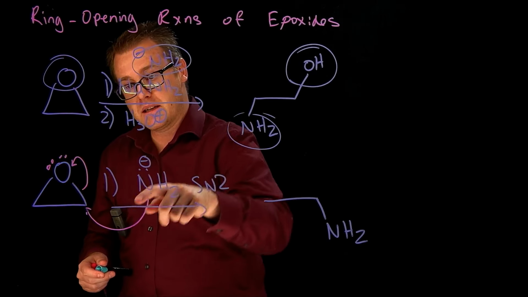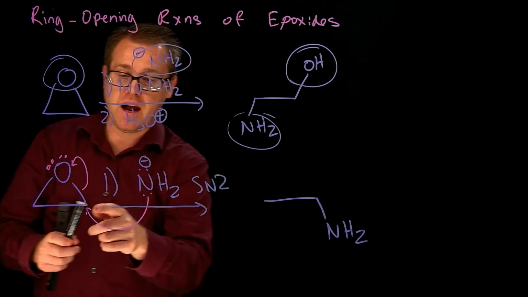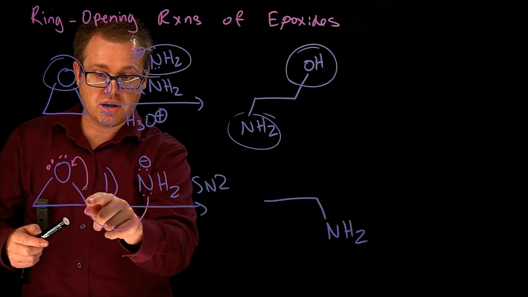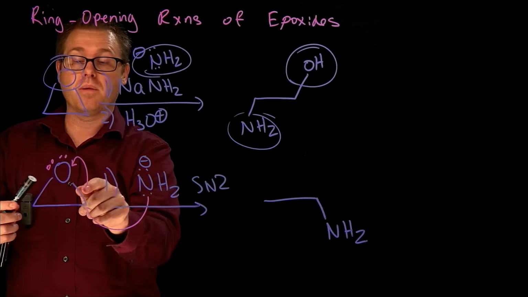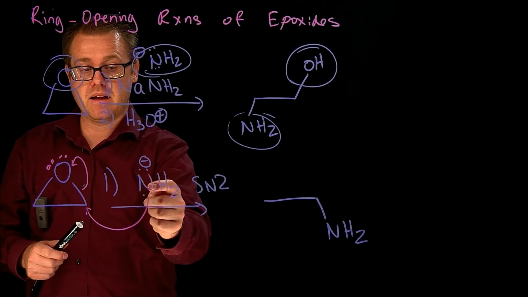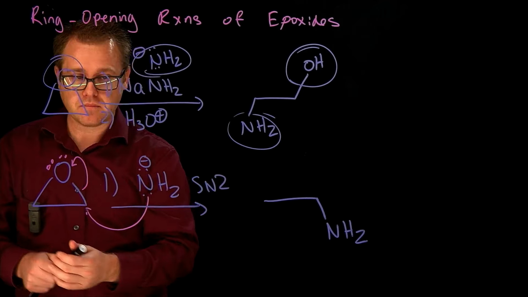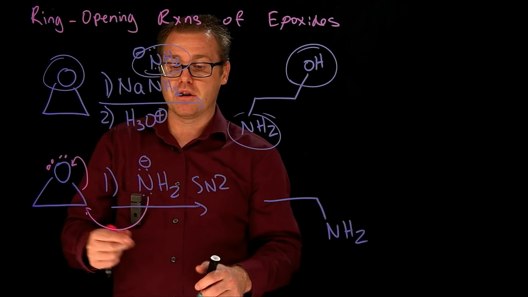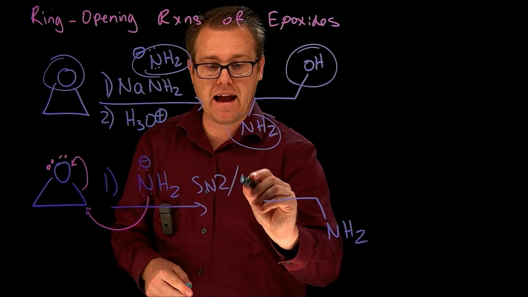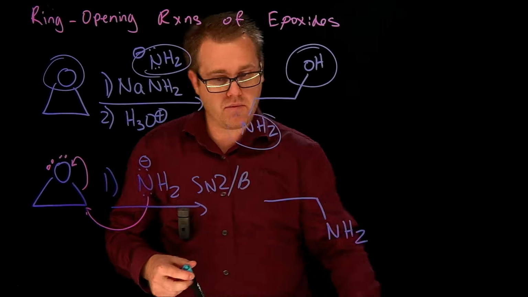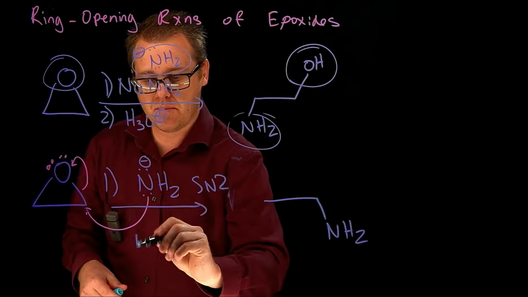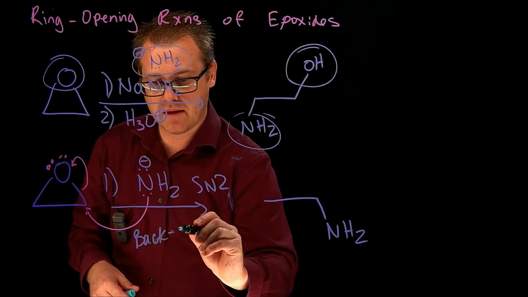The nucleophile is coming in at the same time. This right here is kind of like the leaving group. That oxygen-carbon bond is leaving or breaking at the same time that this nitrogen species comes in. And so it has to undergo an SN2 style, which is backside attack. And we'll write that down here. Okay? Remember backside attack.